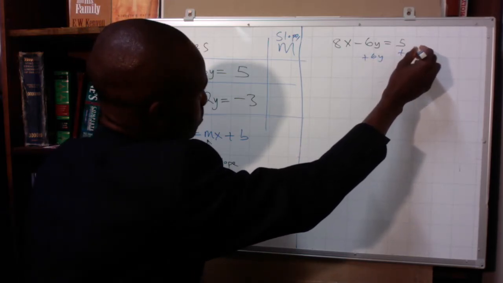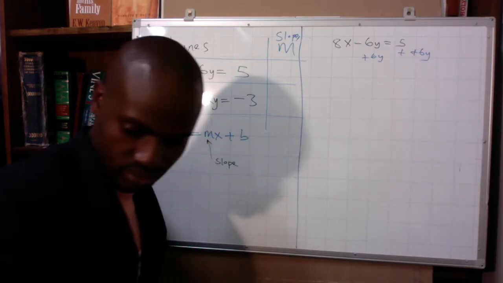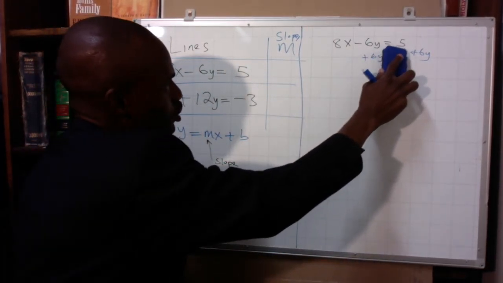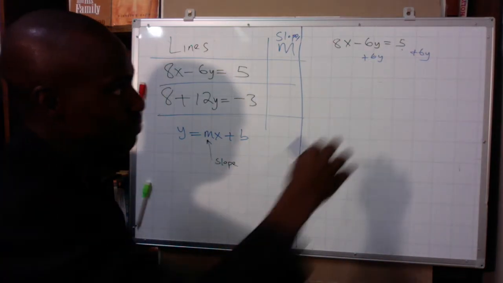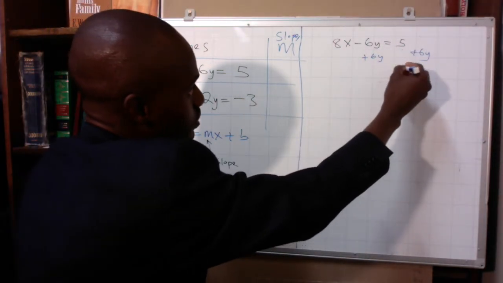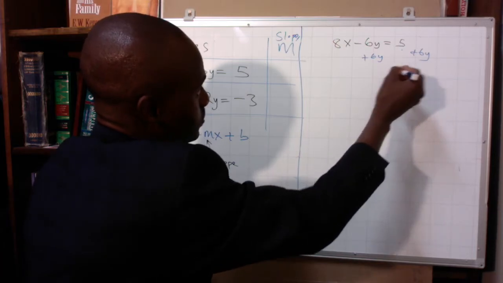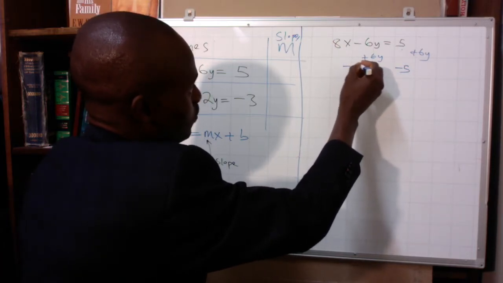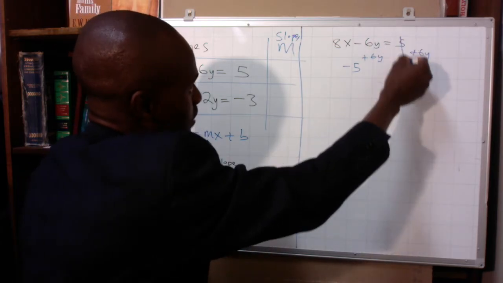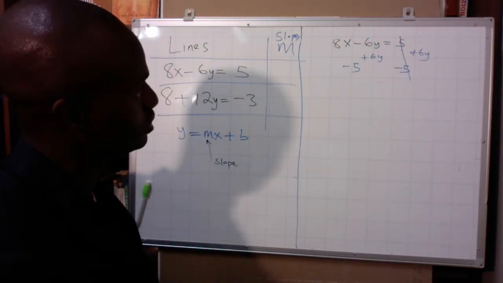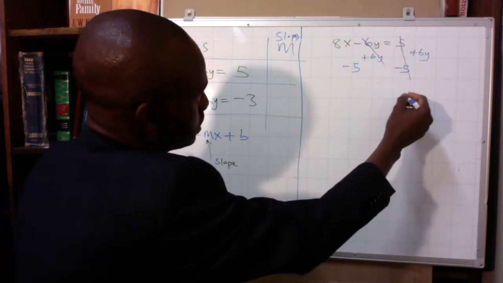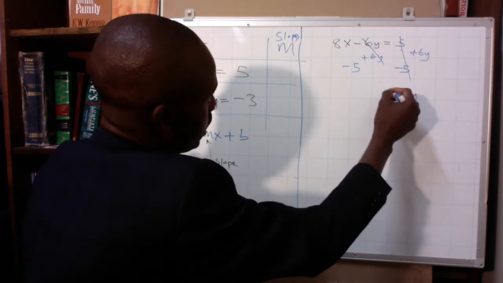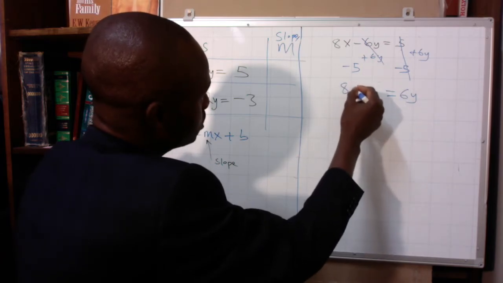And then I subtract, because I want to have y by itself. So that means I need to also get rid of the 5. I subtract 5 from both sides. So that means 5 is going to go away, and the 6y is going to go away. So I'm going to be left with 6y equal to 8x minus 5.